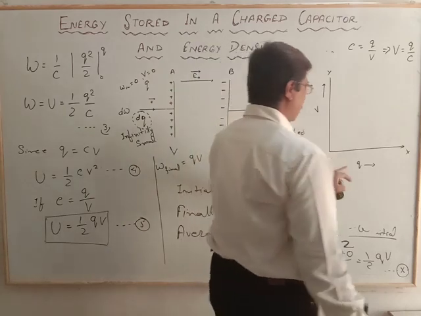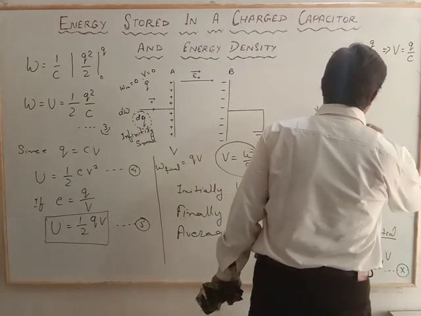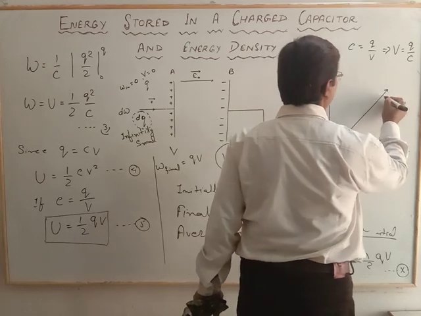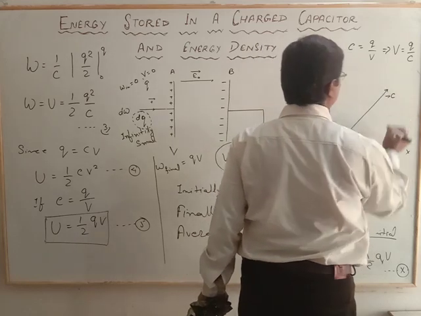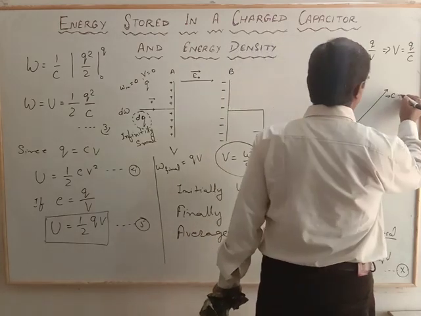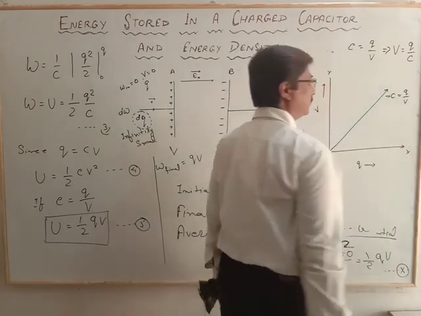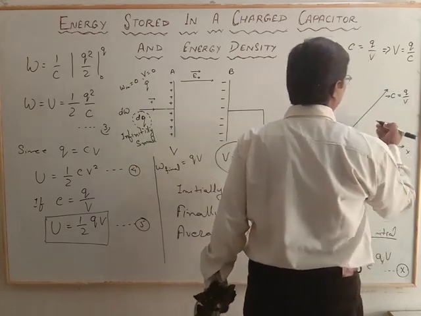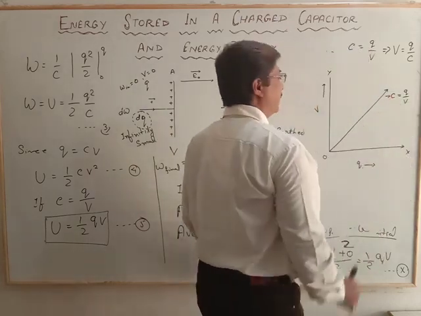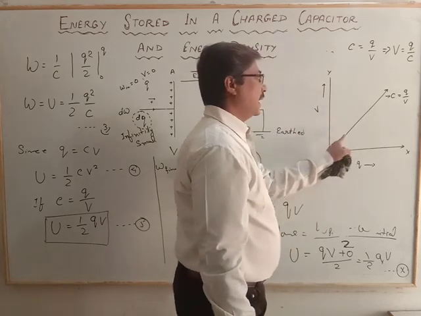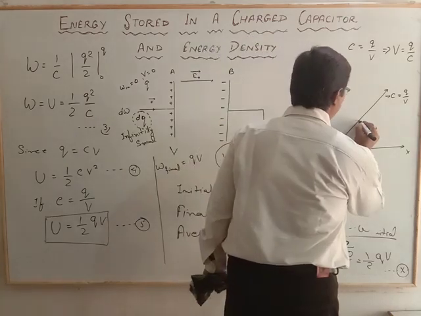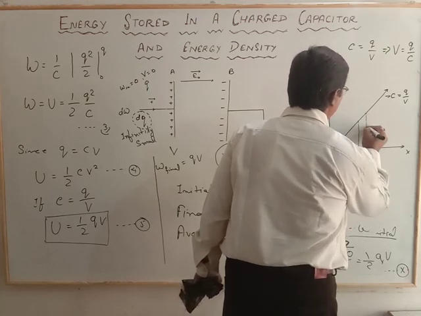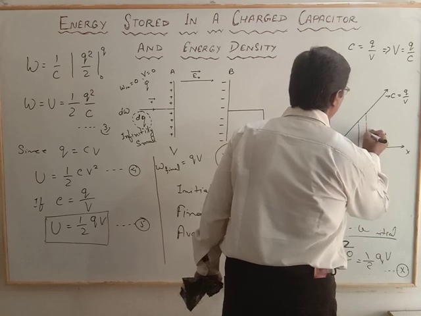We have a linear graph since the capacitance of the parallel plate is constant, and that is Q by V. So this graph represents the capacitance. Now if we consider some value of the charge, a very small value, that small value is dq.